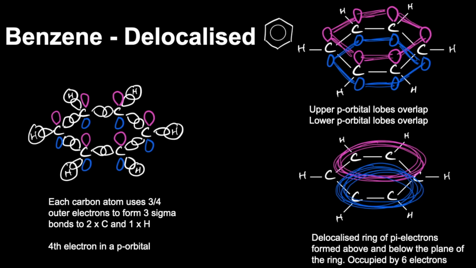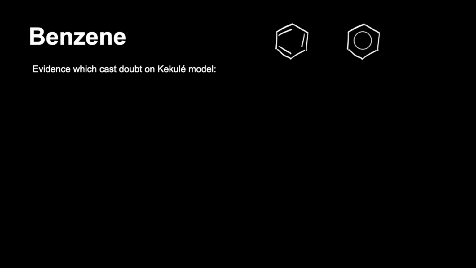That's called the delocalized ring of pi electrons. It's formed above and below the plane of the ring, and it's occupied by those 6 electrons. Remember, each carbon atom has a spare electron in a p orbital, but they're able to exist in this pi system. So if we move on to the evidence that cast doubt on Kekulé's model, remember this is Kekulé's, this is the delocalized model.